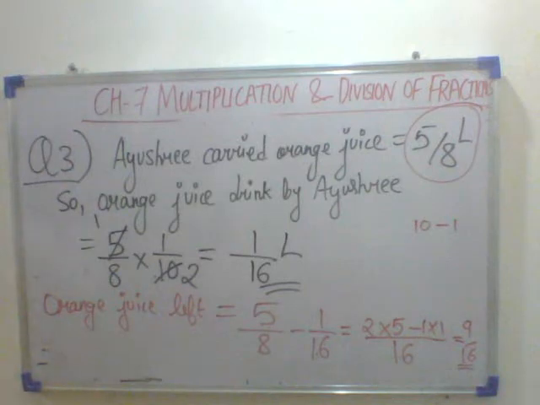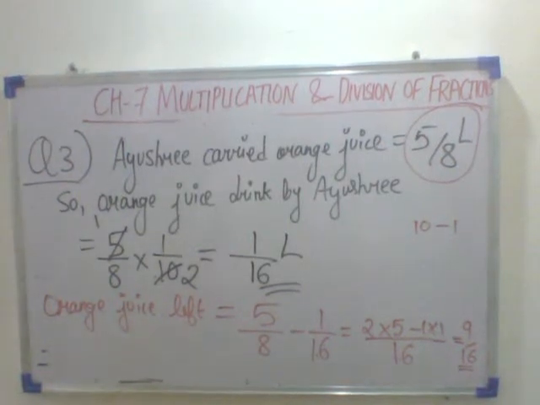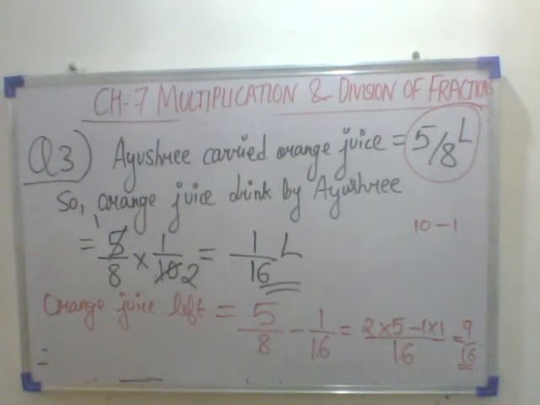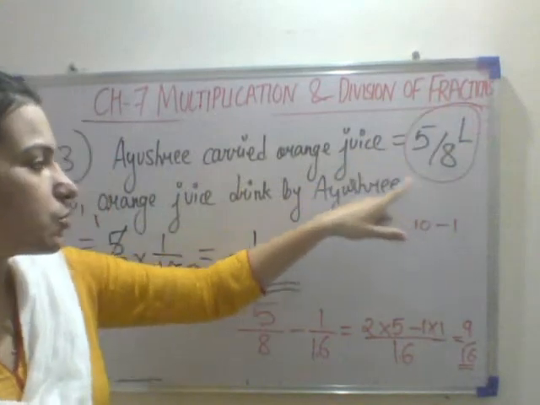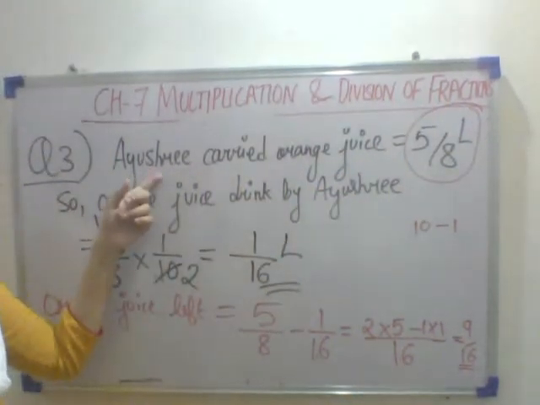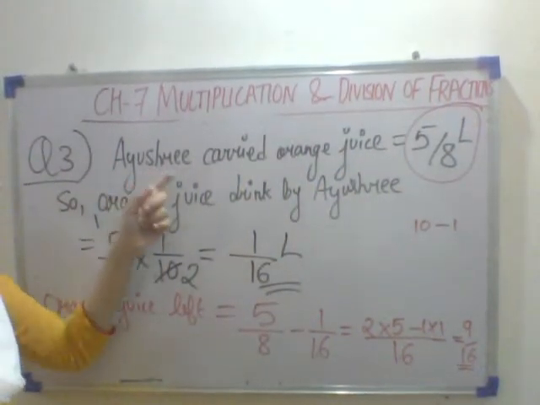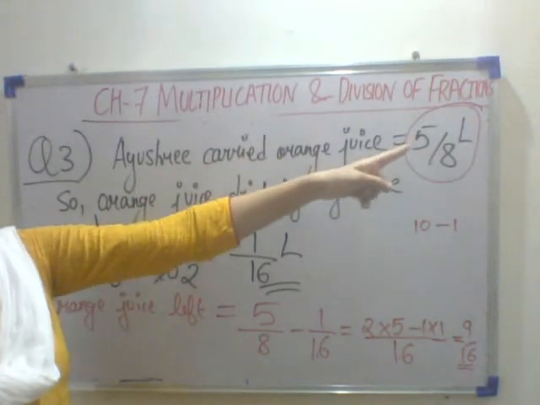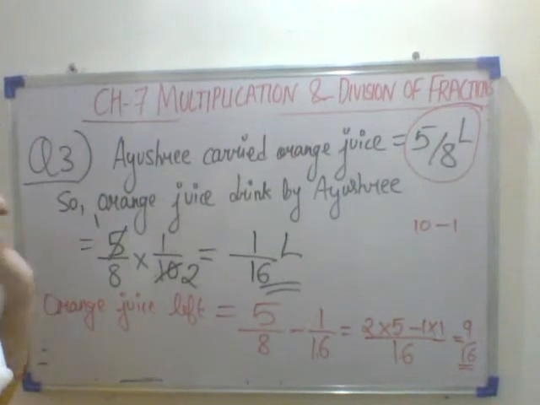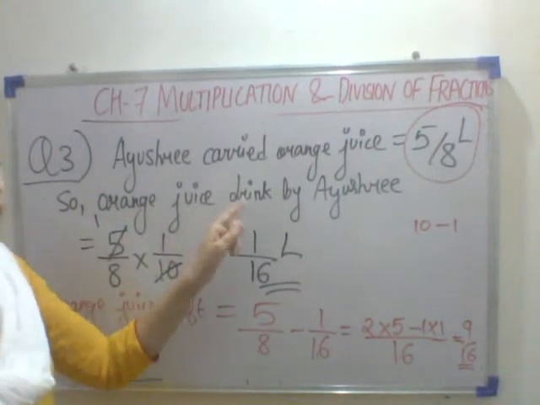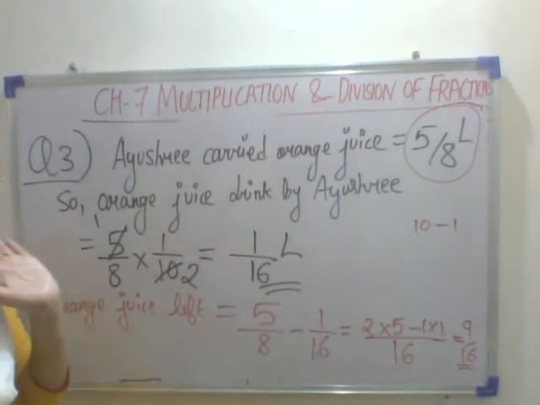So let us revise this problem again. What is given in question number 3? Ayushri took 5/8 liter of orange juice to the school. So we have to find how much orange juice Ayushri has drunk in the school.